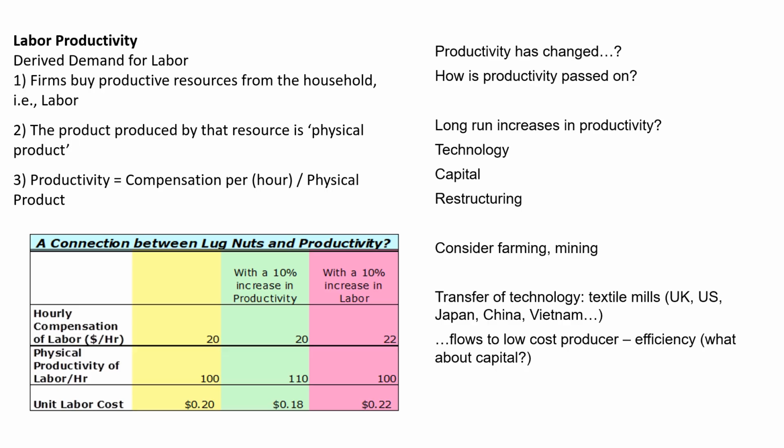Why do we change the process? We're trying to increase our efficiency. We're trying to lower our cost and increase our productivity in the process, right? Either producing more for a lower per unit cost, or just the same amount for a lower per unit cost. That's the idea behind productivity.